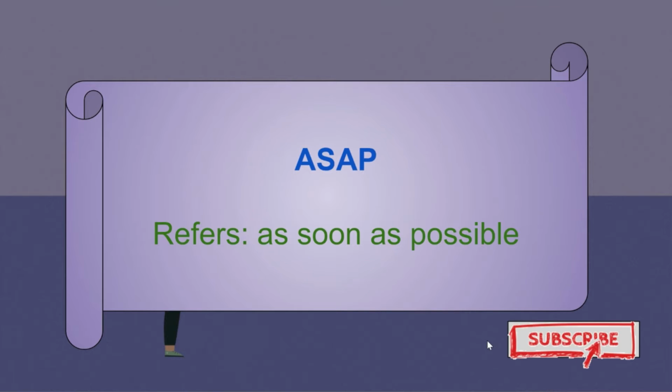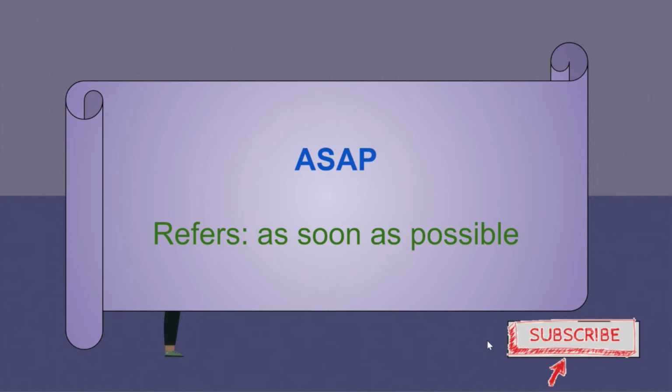So the next word is ASAP. ASAP is being used these days in common conversations as well, not just in corporate, right? So if you're not familiar with this term as of now, ASAP simply means as soon as possible. So if you're referring to something that needs to be delivered quickly or in the shortest period of time, they will be telling you to deliver it ASAP.